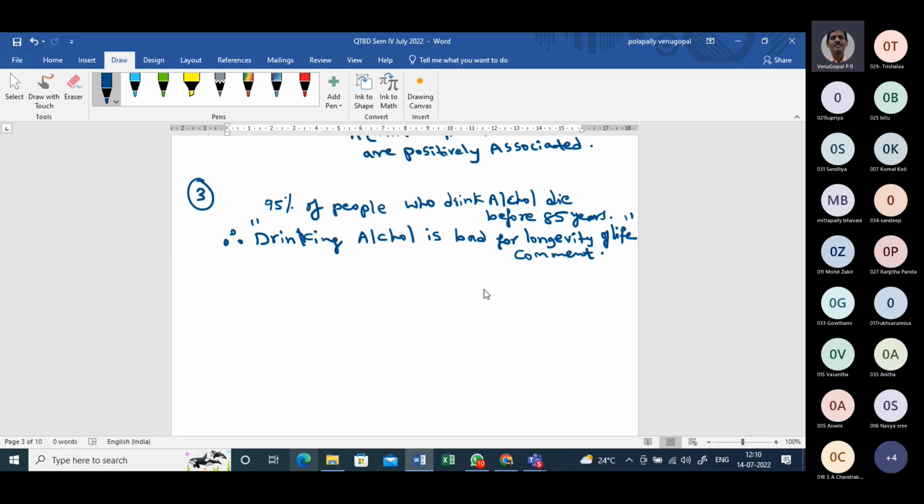Only one line: 95% of the people who drink alcohol die before reaching the age of 85 years. So drinking alcohol is bad for long life? Comment.